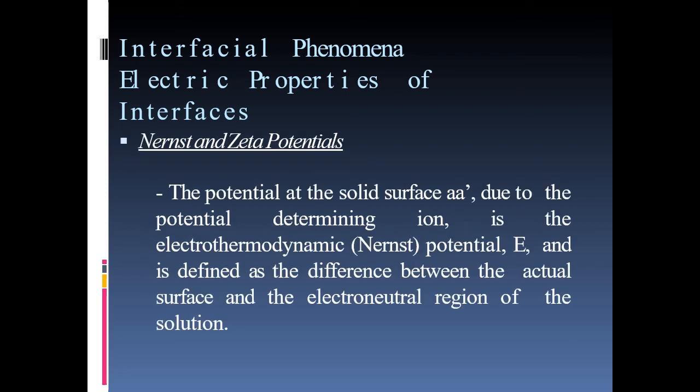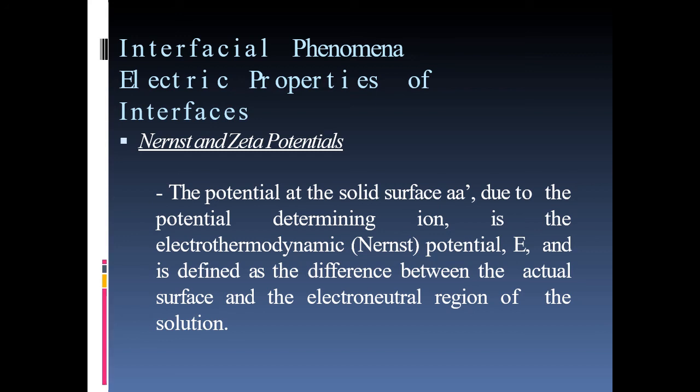The next property is Nernst and zeta potential. When we talk about the zeta potential, we can say that it is the potential difference existing between the surface of a solid particle immersed in a conducting liquid, for example water, and the bulk of the liquid. Zeta potential is the electrical potential at the slipping plane. The plane is the surface interface which separates mobile fluid from fluid that remains attached to the surface.